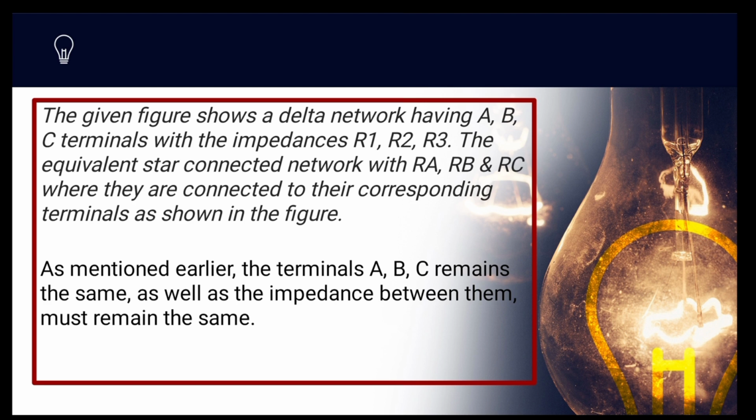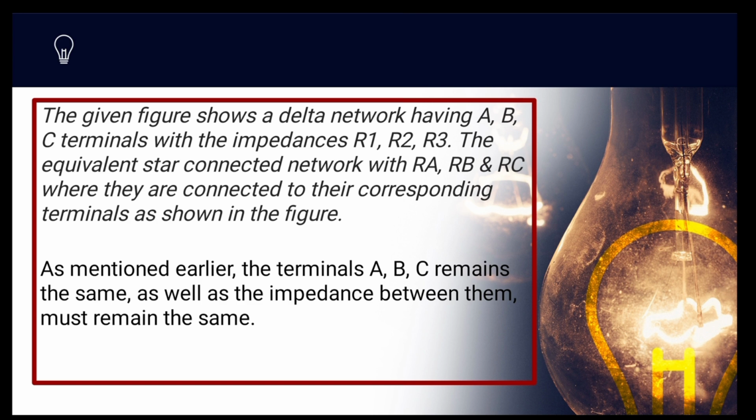The given figure shows a delta network having terminals A, B, C with impedances. You can consider impedance or resistance; there won't be any problem. As of now, let us think of them as impedances R1, R2, R3.